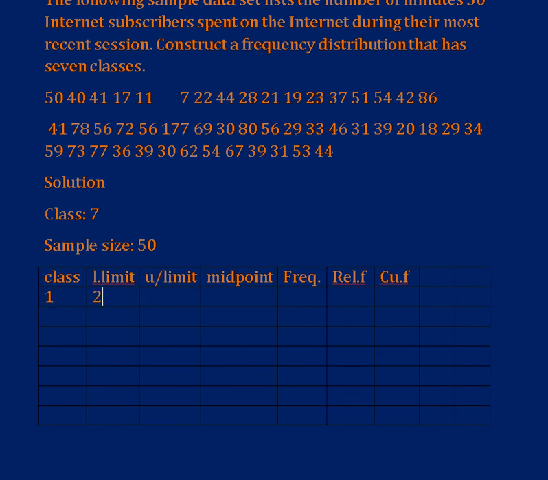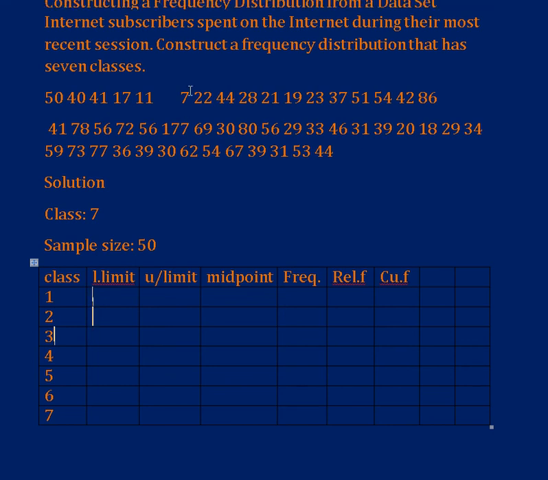So these are the things I need here. We have 7 classes, so you're going to put them down here: 1, 2, 3, 4, 5, 6, 7.